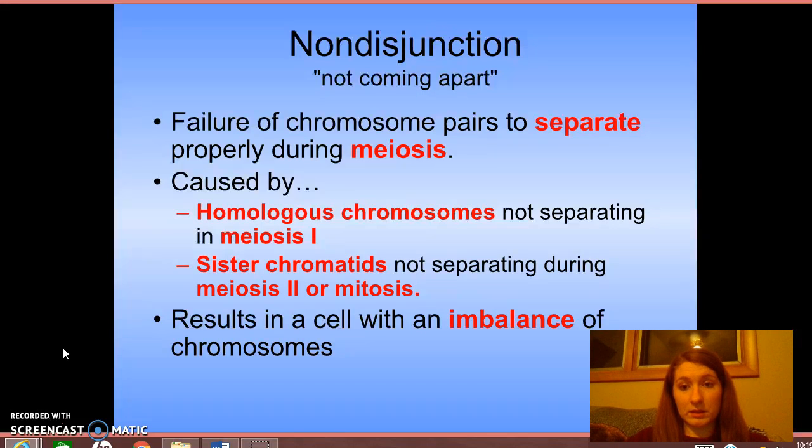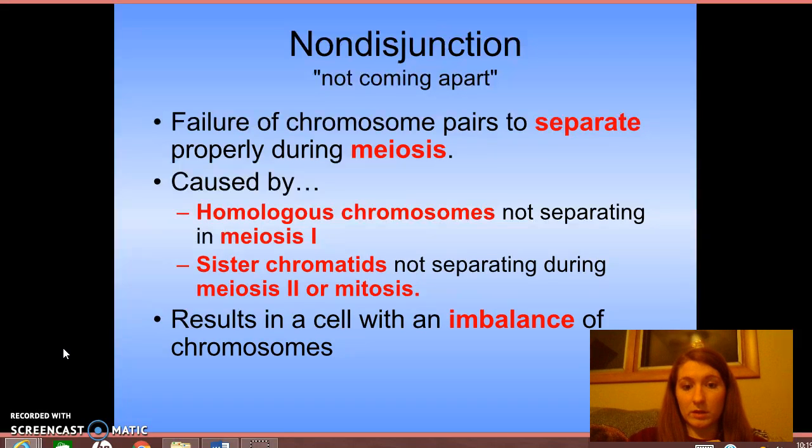If the homologous chromosomes do not separate in anaphase 1, there would be an unequal amount going to each side. Both of them would go over to one side, resulting in both being in one cell, and the other cell wouldn't have any.